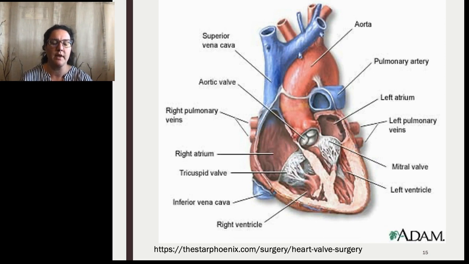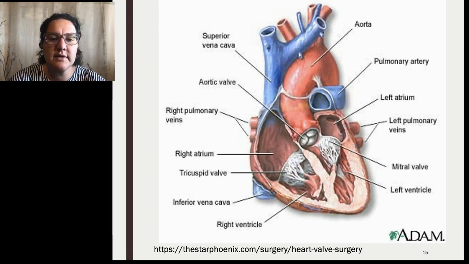Leaving the right ventricle, blood goes through the pulmonary artery out to the lungs. Then we have pulmonary veins coming back from the lungs into the left atrium. From the left atrium, we go through another atrioventricular valve into the left ventricle, and then from the left ventricle out through the aorta to the body. And then we'll go into this in much more detail later on.